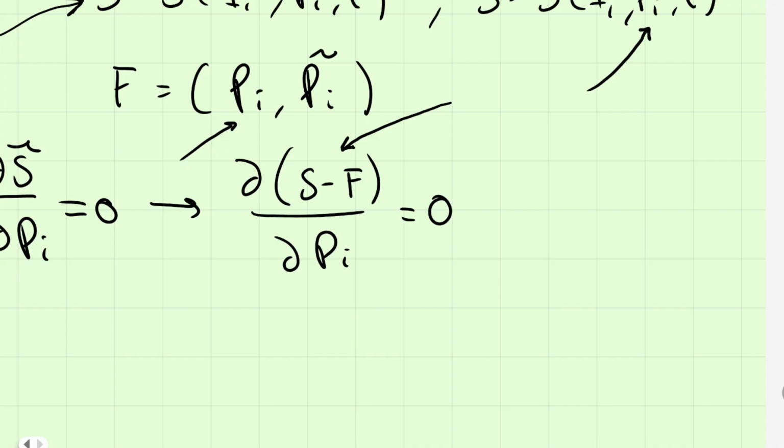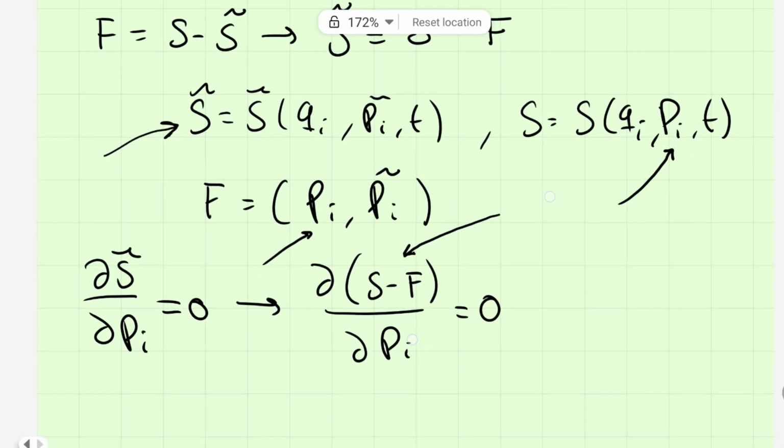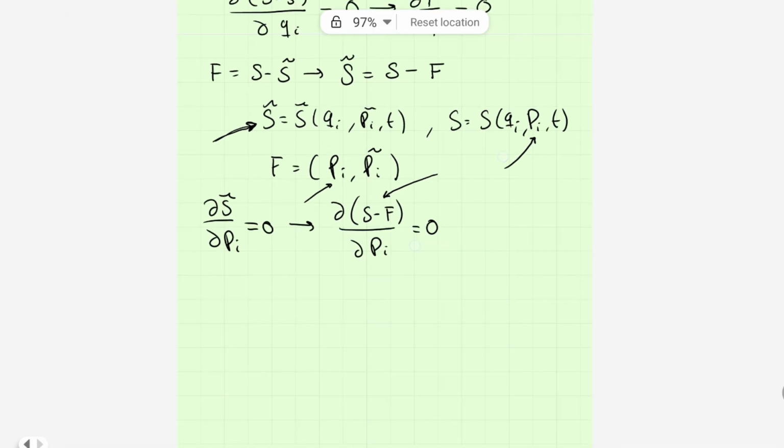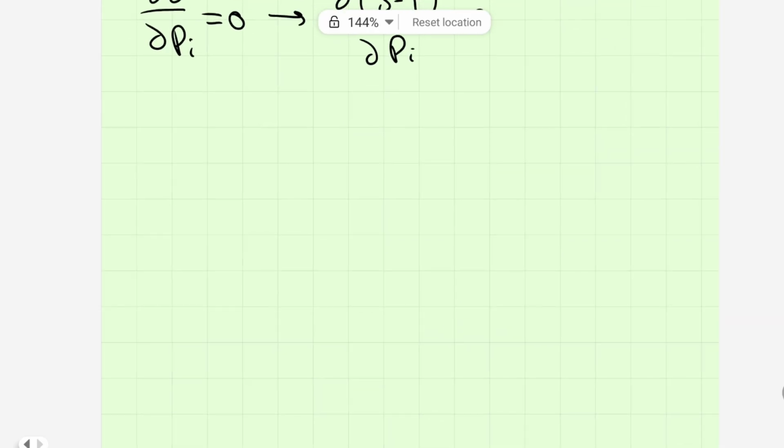When we take the difference, pi is going to disappear from the expression, such that the result s tilde is a function that doesn't depend on pi.